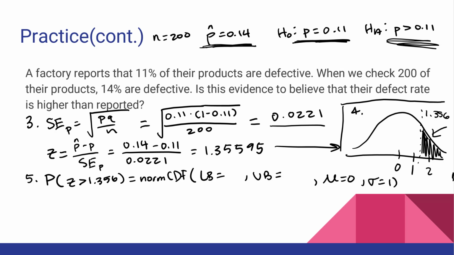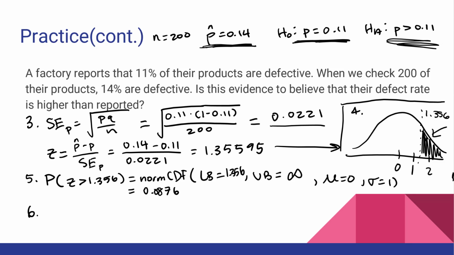Since our area is from 1.356 to infinity, that's exactly what we put in for our lower bound and our upper bound. We start from 1.356 and then we move upwards to infinity. Putting that into a graphing calculator, we end up getting a probability of 0.0876. So now we have our p-value. Our p-value is equal to 0.0876.